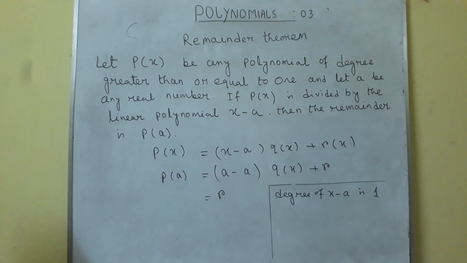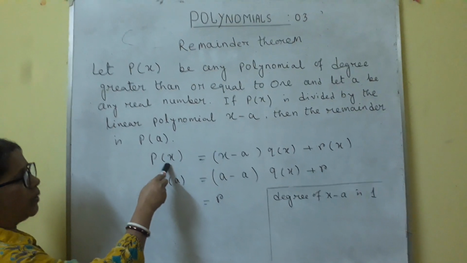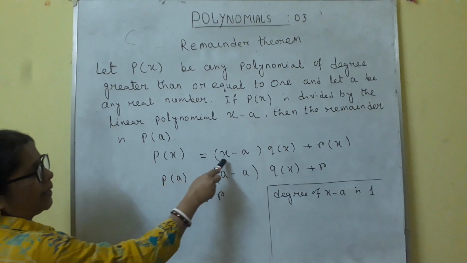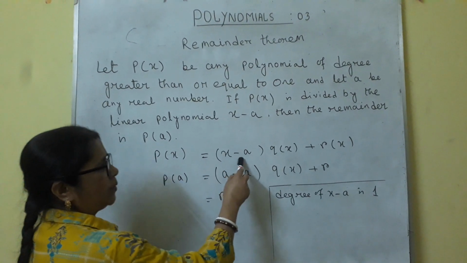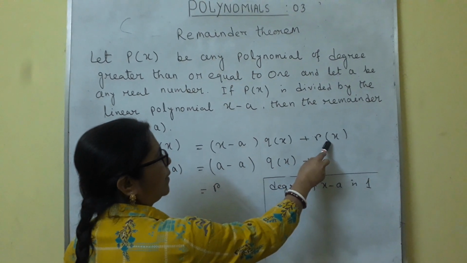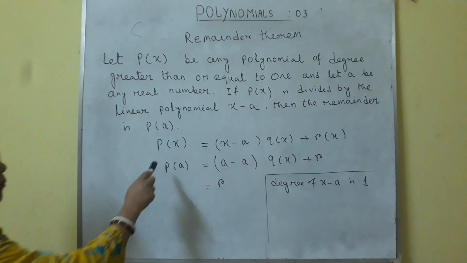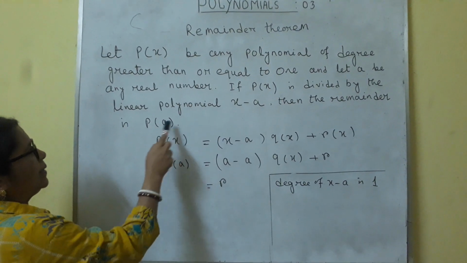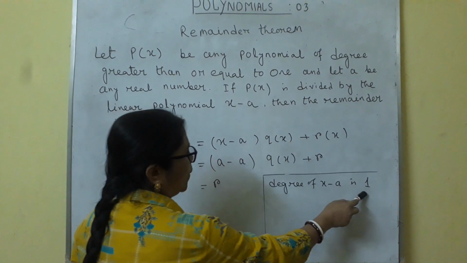Now according to the divisibility rule, we can write, suppose we divide p(x) by x minus a. So we can write p(x) equals x minus a into q(x), the quotient, plus the remainder r(x). Now x minus a is a linear polynomial whose degree is 1.